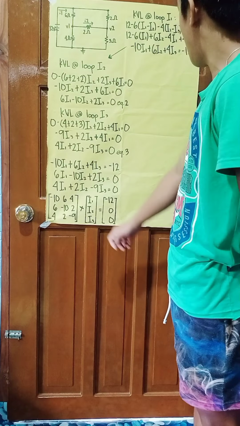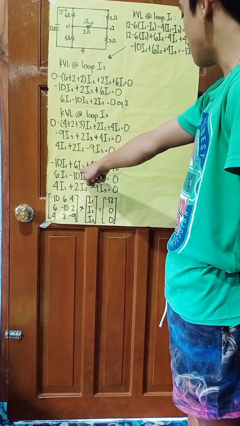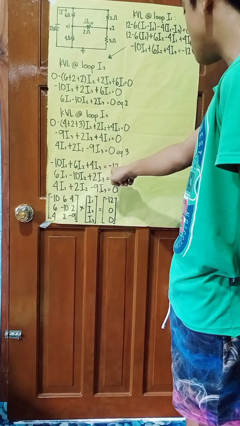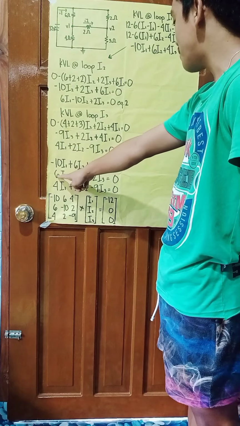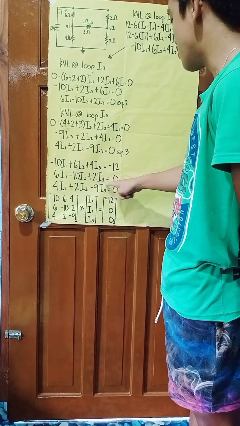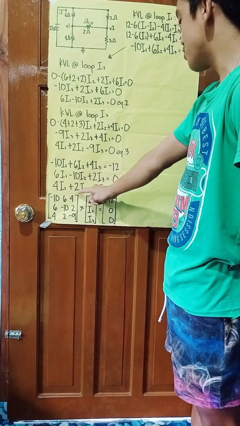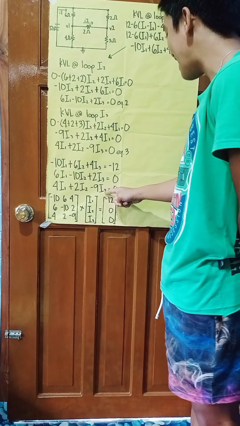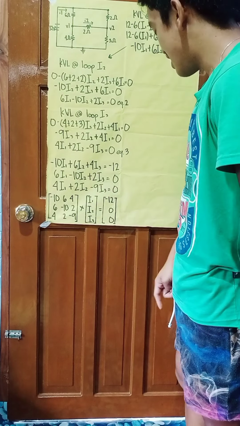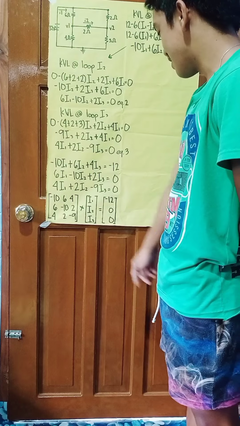So the KVL in loop 1 is negative 10 I1 plus 6 I2 plus 4 I3 equal to negative 12. Then KVL at loop I2 is 6 I1 minus 10 I2 plus 2 I3 equal to 0. Then KVL at loop I3 is 4 I1 plus 2 I2 minus 9 I3 equal to 0. So the next steps in mesh method is this.